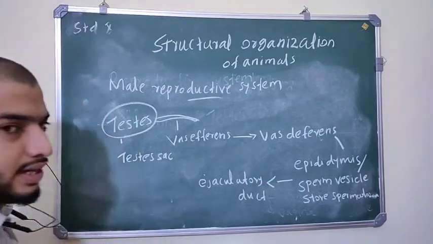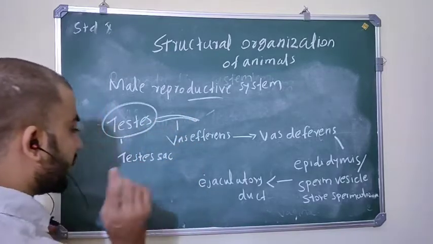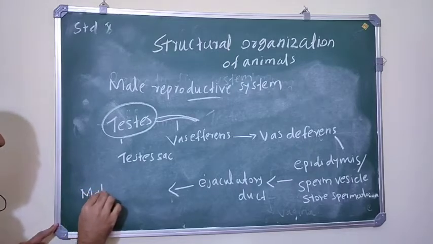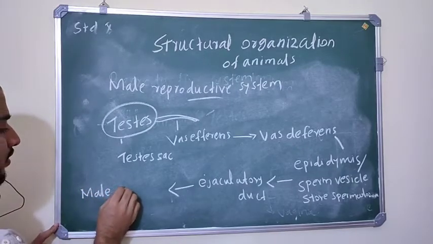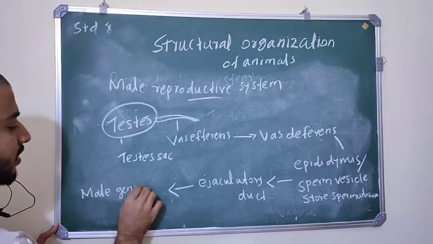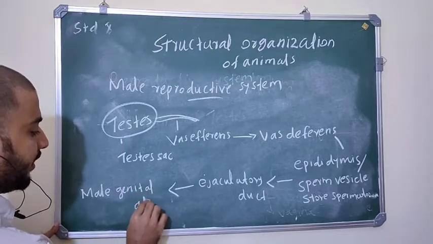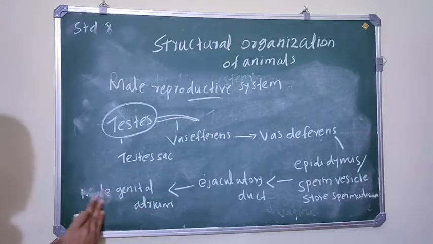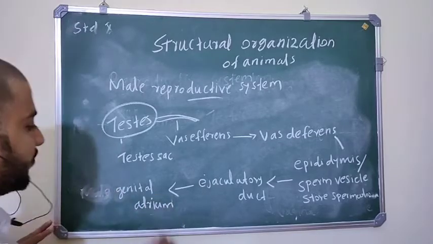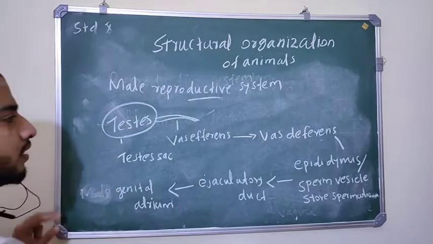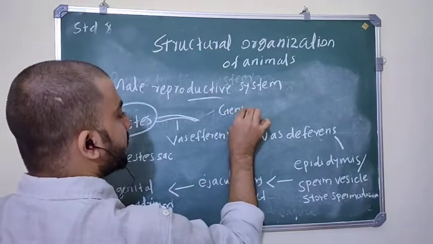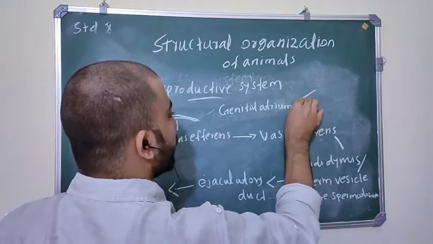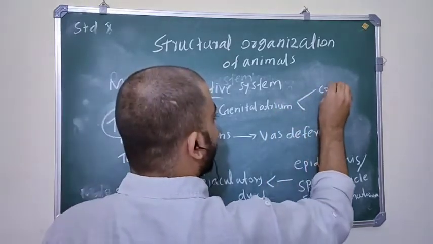And the ejaculatory ducts from both sides of the segment join and form the male genital atrium. This genital atrium consists of two regions. What are those?